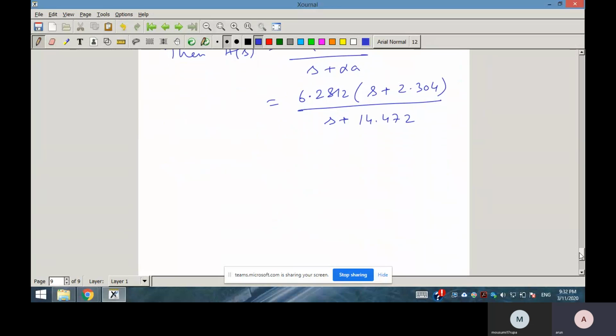You can implement digitally, but in analog fashion, nowadays all controllers are implemented digitally, but still the beauty of these lag lead controllers or simple controllers like this is that they can be realized or implemented in an analog fashion easily. So this is one implementation diagram.